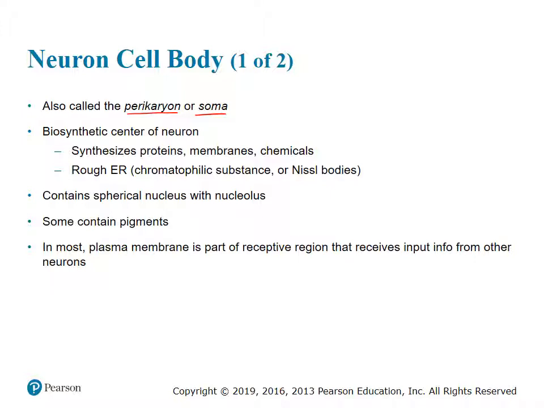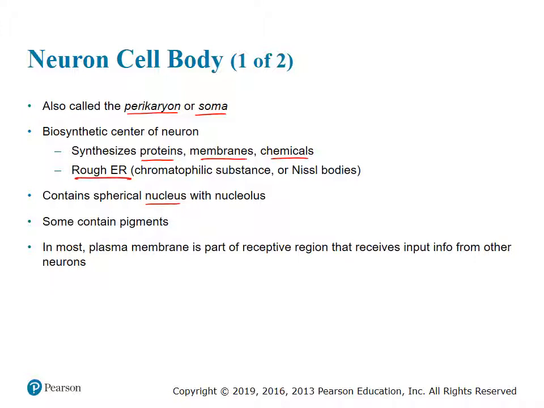Of course, you know that the center of a neuron will have a nucleus, and that nucleus has the DNA of the neuron, and will dictate, based on what it's read, many things. So a neuron is going to make proteins. It's going to make membranes. It's going to make chemicals, all those things that a neuron needs to do its job every single day consistently, is getting made in the cell body.